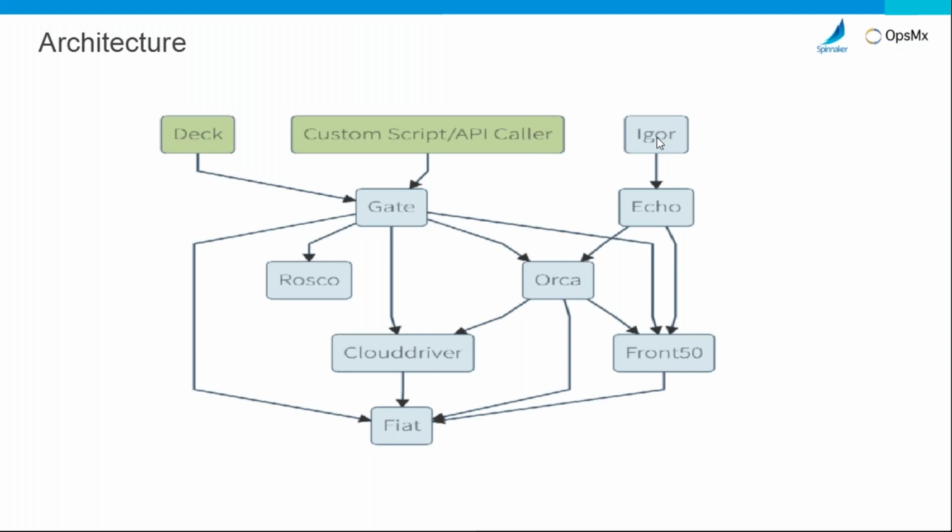Halyard manages the life cycle of each of the services that I've listed here. But this Halyard only interacts with the services during Spinnaker startup or updates and rollbacks. So apart from this, there is nowhere else Halyard comes into the picture.